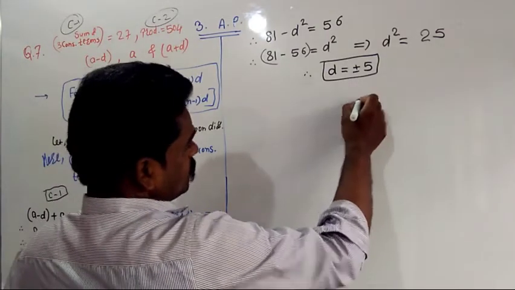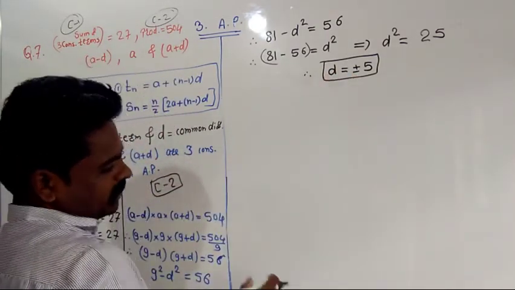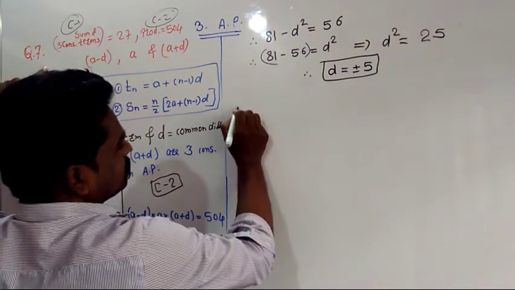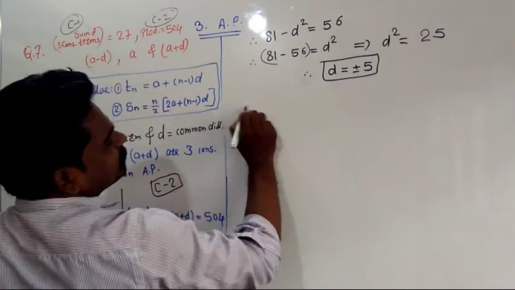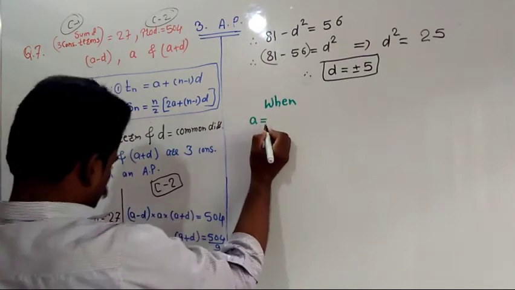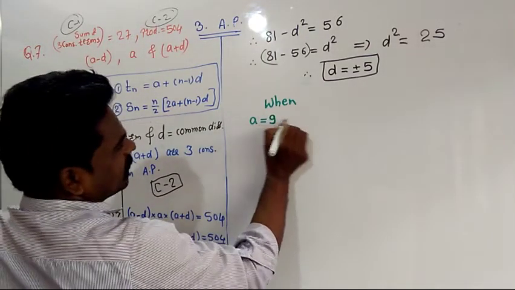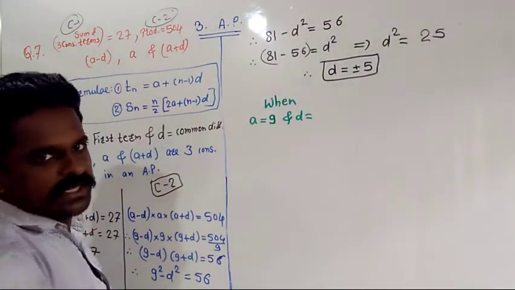Now we have to divide this answer into two parts. The first part is when a is equal to 9. The value of a is fixed at 9, but d has two values, that's why we have taken these two cases.